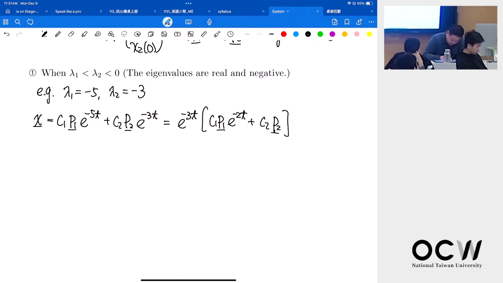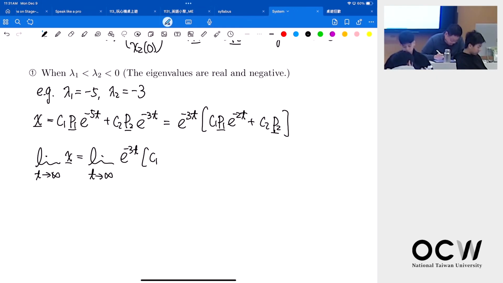When t goes to infinity, e to the minus 3t times c1 p1 e to the minus 2t plus c2 p2.